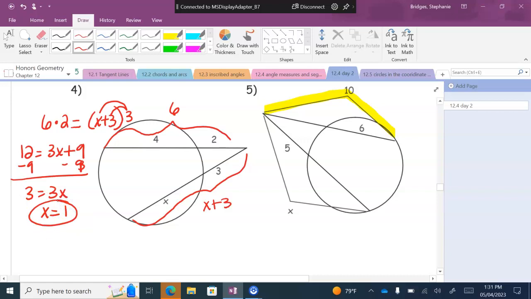Now I want you to try 5. It's actually even easier than 4 because in 4 we had to find the whole piece first. Okay, again, secants are whole times outside equals whole times outside. You just have to recognize, do you have chords? Do you have secants? Do you have a secant and a tangent? Because that's what we're finding.